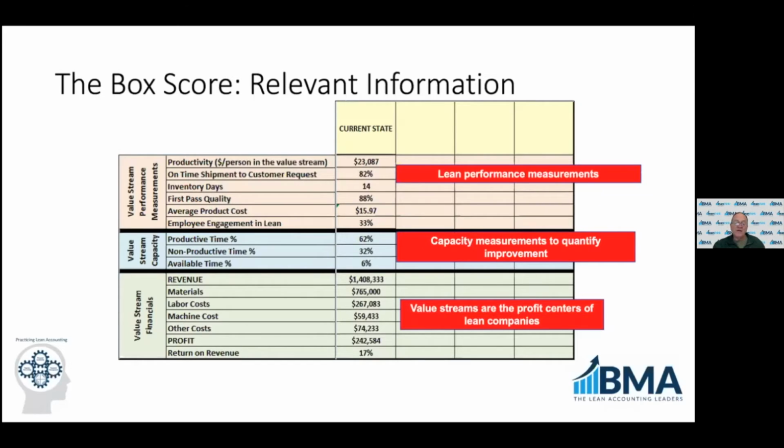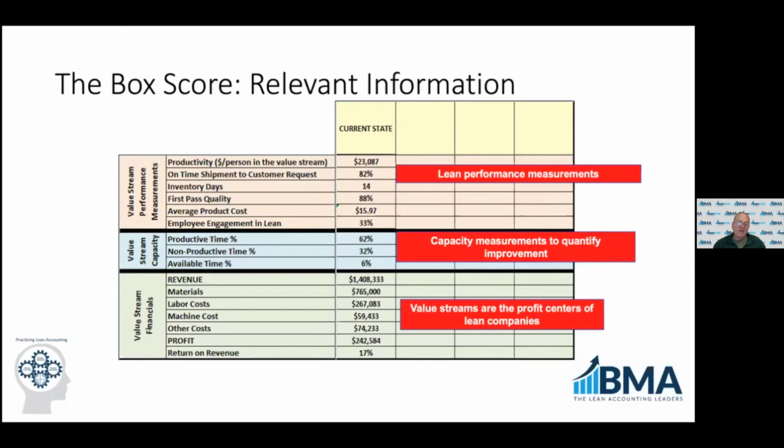The third piece is capacity. We've talked about capacity in the context of the economics of lean. So we want to be able to quantify it. Productive time: how much time are we spending on average delivering value?